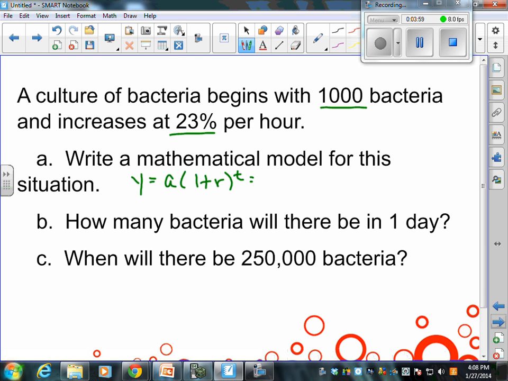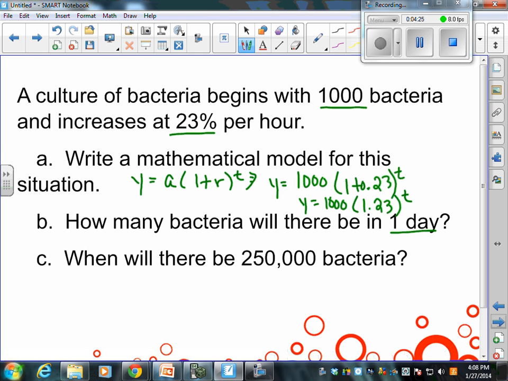So in this case, we had 1,000 bacteria to start with. 1 plus my rate of increase would be 23%, which would be 0.23, to the t. So we could write our equation as 1,000 times 1.23 to the t.